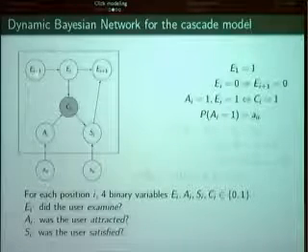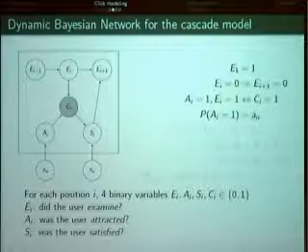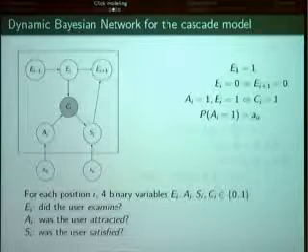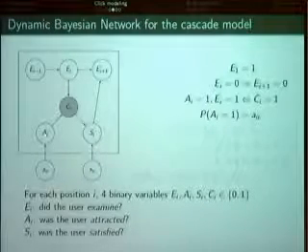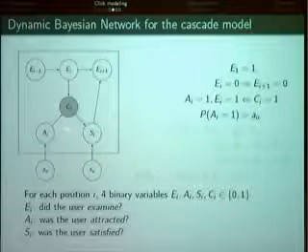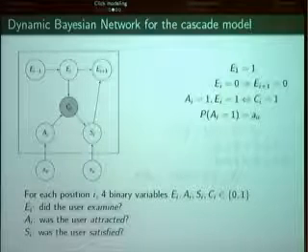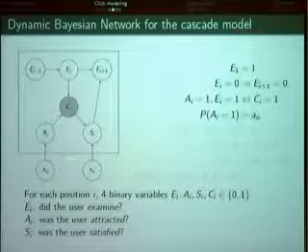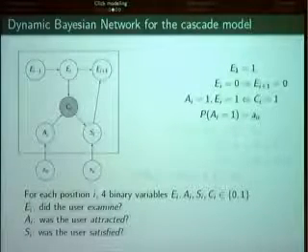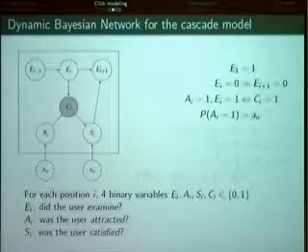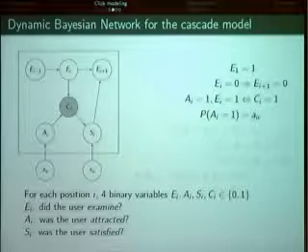So it's binary variables, whether the user examined the position I. We have an observed variable, whether there was a click or not in position I. Another hidden binary variable, whether the user was attracted by this URL, and whether the user was satisfied by this URL after he clicked. All those hidden variables are defined at the session level, and then I have some latent variables here. You can think of those variables as an aggregated version of those binary variables.